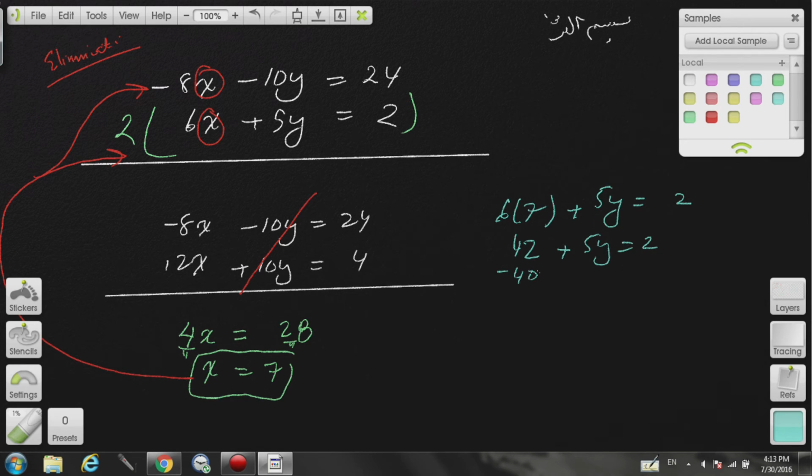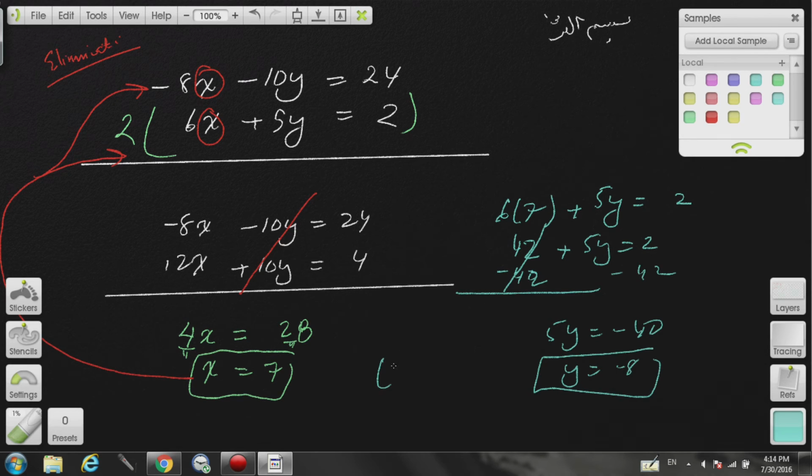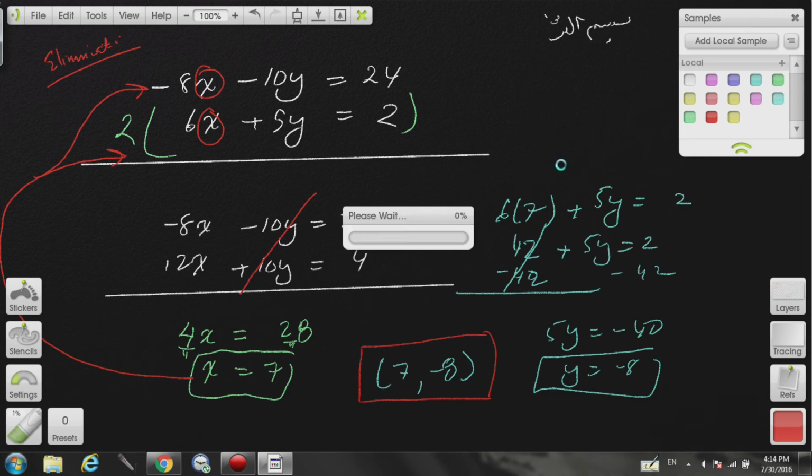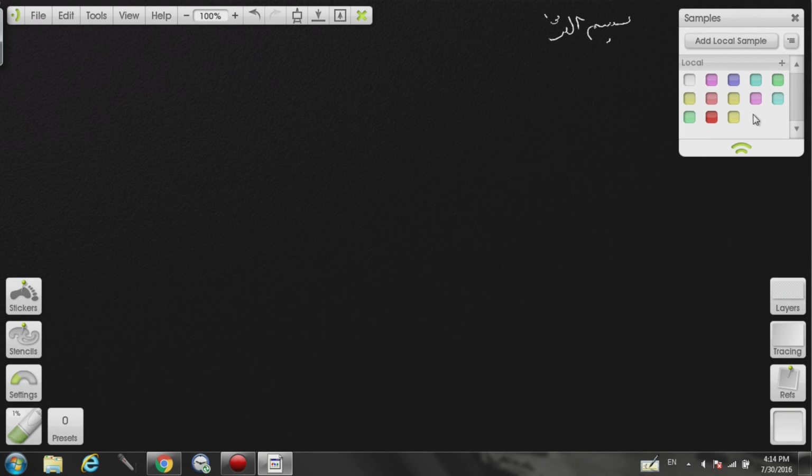And then subtract 42 from both sides. I get 5y equals negative 40. And y equals negative 8. So you get 7 and negative 8 to be the solution to both of these equations. Okay? Get this, Mohsin. Right?